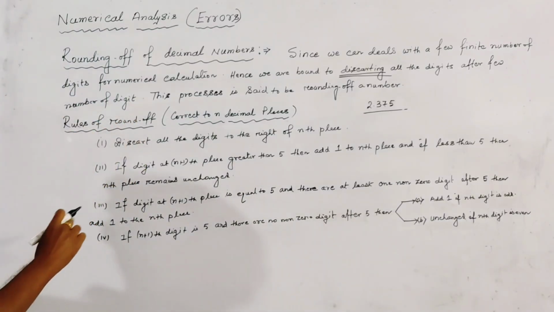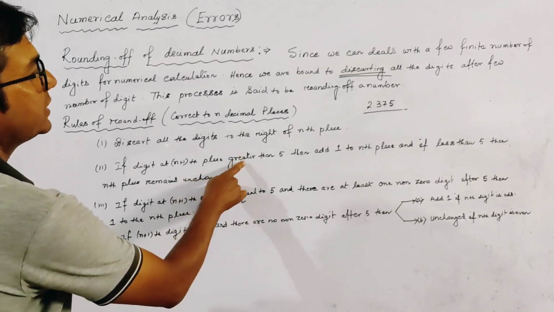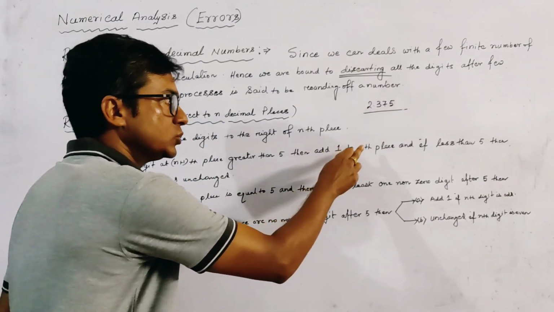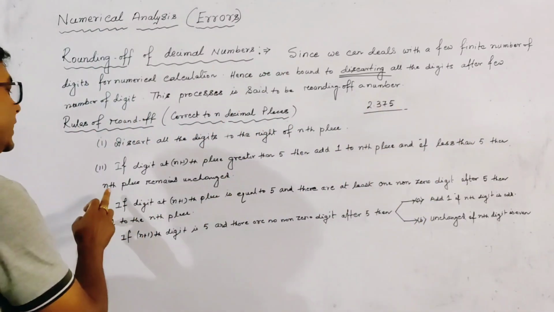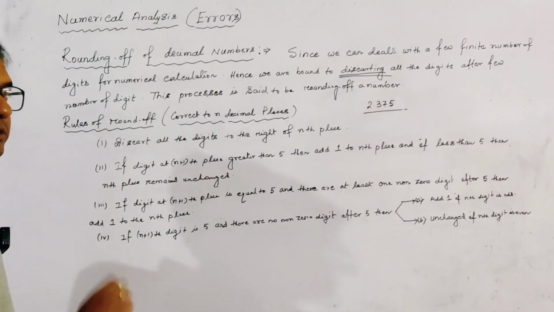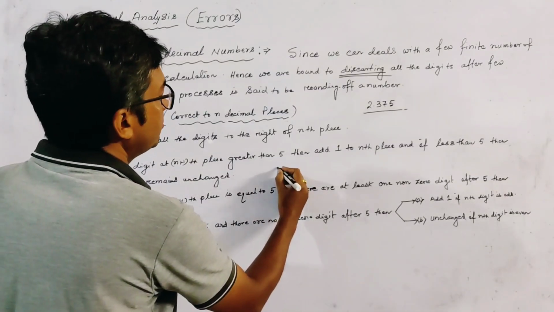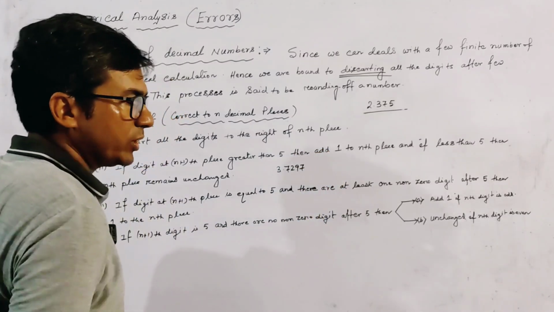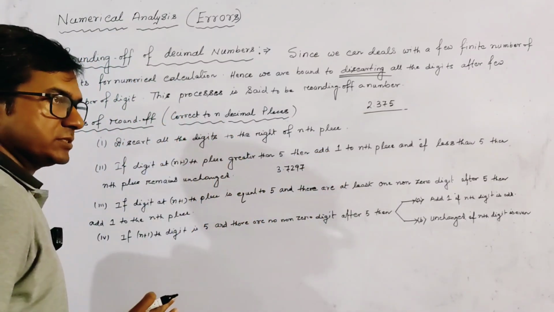And the second rule is, if the digit after the nth place is greater than 5, then add 1 to the nth place, and if less than 5, then the nth place remains unchanged. Okay, what is this rule? If we take the number 3.7297, and we want to round off up to 3 decimal places.